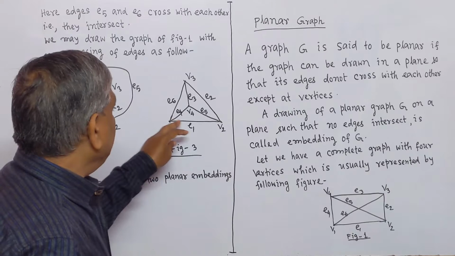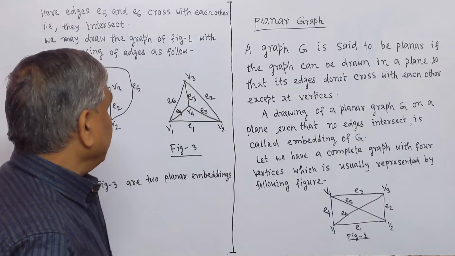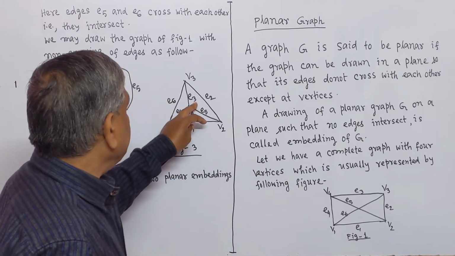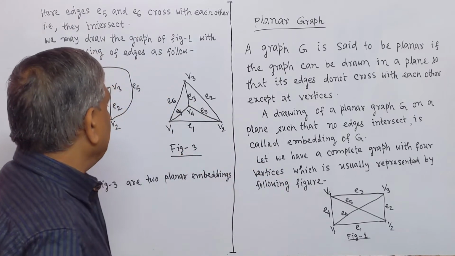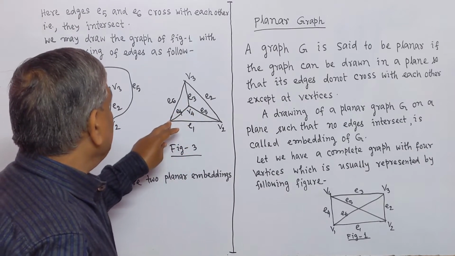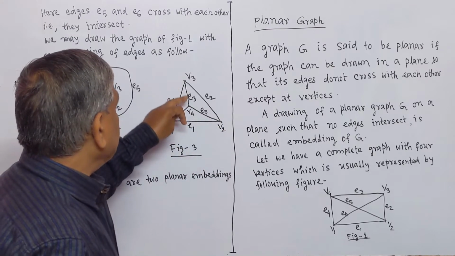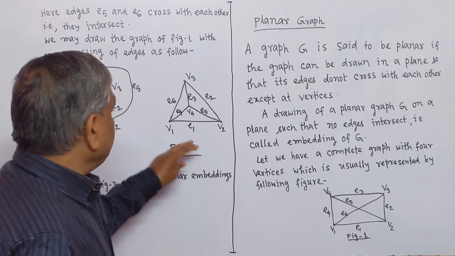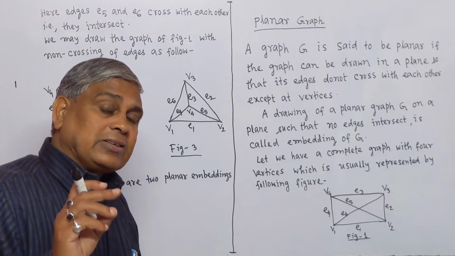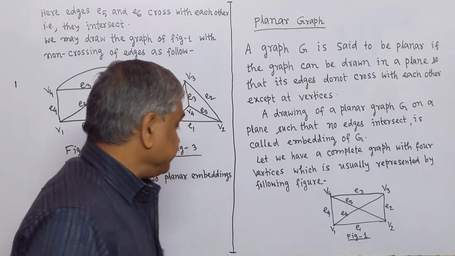We take V1, V2, V3 vertices and we take vertex V4 inside this triangle and we connect with V1, V4, V2, V4, V3, V4. And the name of the edges will be the same as it was in figure 1.